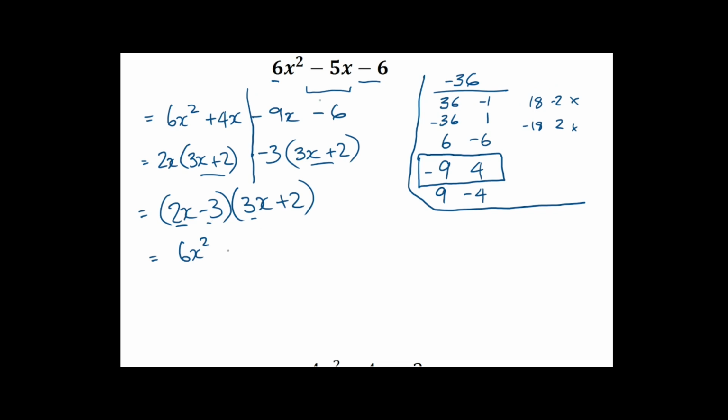Minus 3 times 3x is minus 9x. 2x times 2 is 4x. And minus 3 times positive 2 is minus 6. When we combine them, is that what we started with? Yes. So we've done that right.